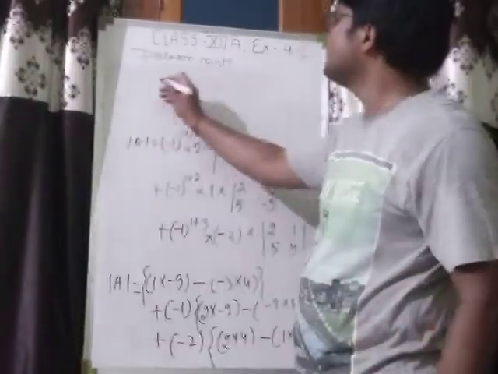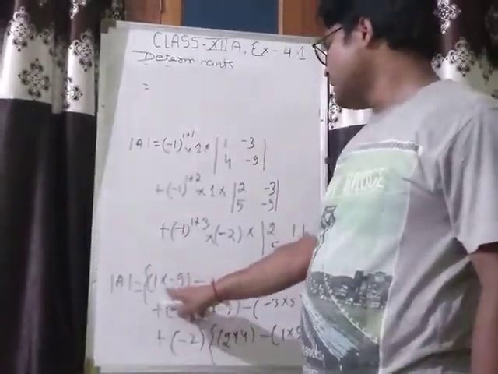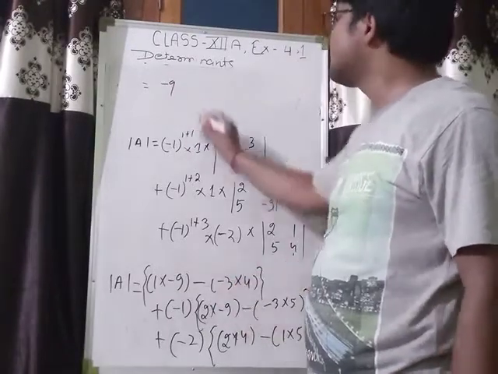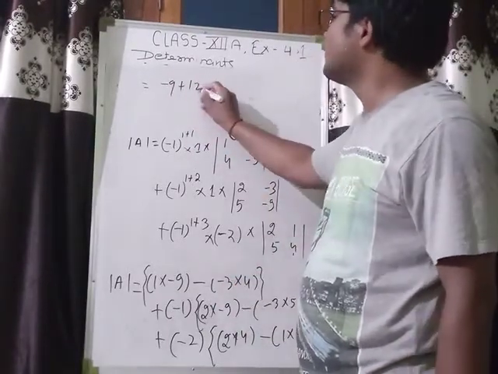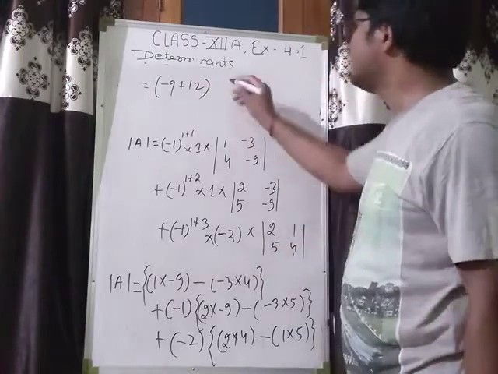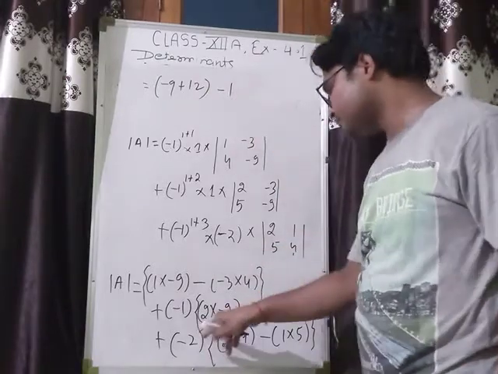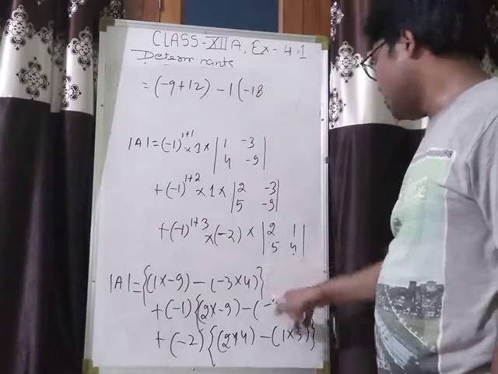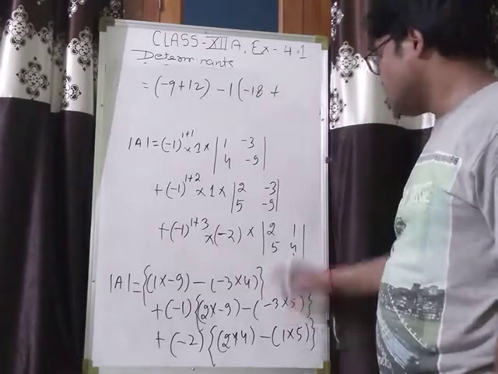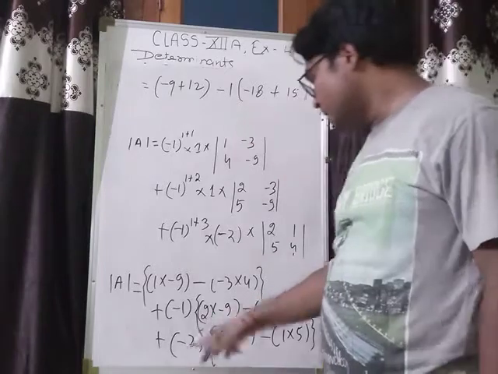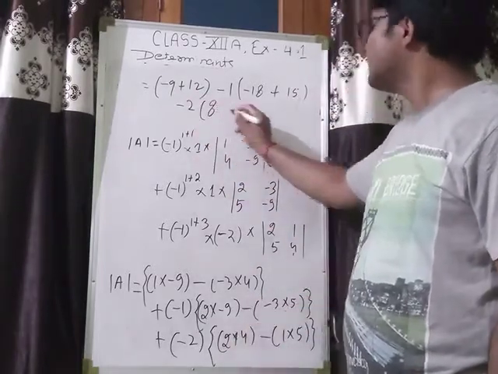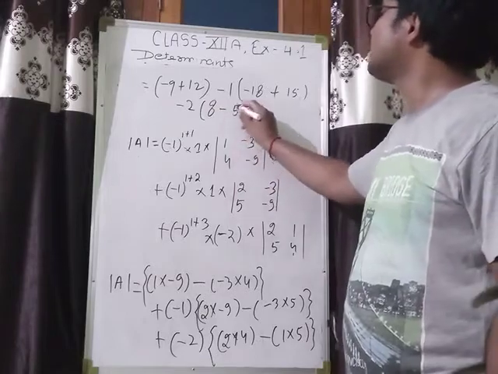That will be equal to, see, this is minus 9, and this is minus plus 4 3 are 12. Okay. And this is minus 1, this one is minus 18, and minus 1 is plus 3 5 are 15. After that, this is minus 2, and this is 4 2 are 8, minus 5 1 are 5. Now solve it.